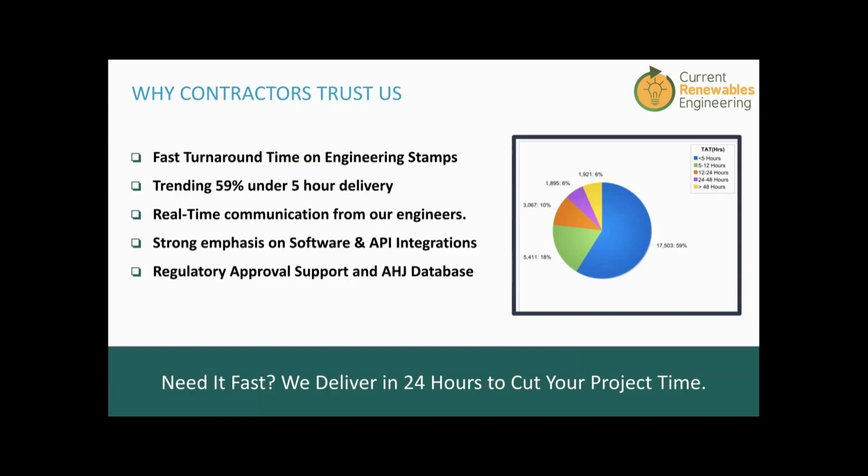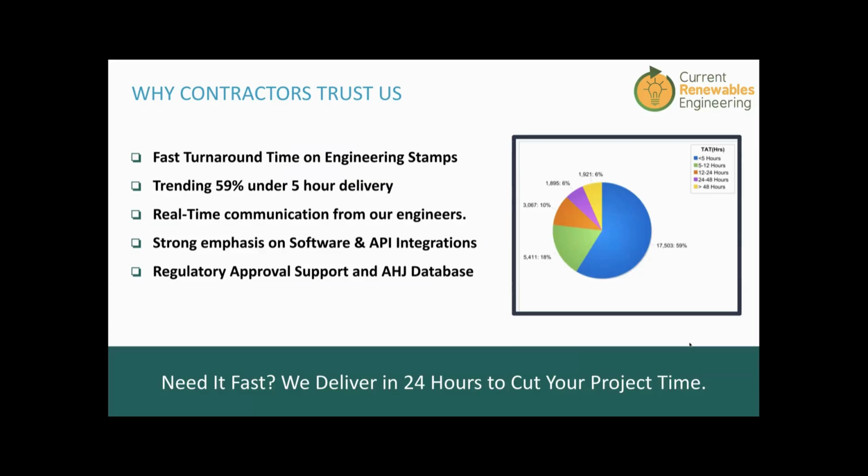We know there's a lot of AHJs out there and jurisdictions that make it a little bit more difficult than it needs to be. But we've been working with them to make sure that we can streamline that process for you. Like I said, our communication and our turnaround time are very important. We know how important it is to you in getting these projects through permitting.